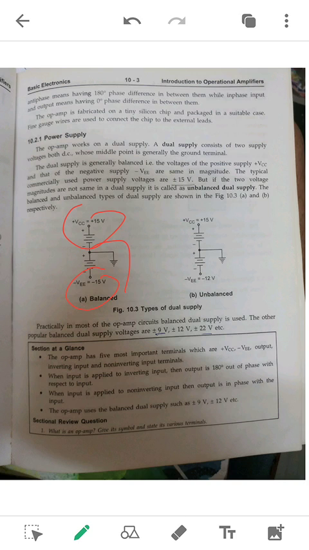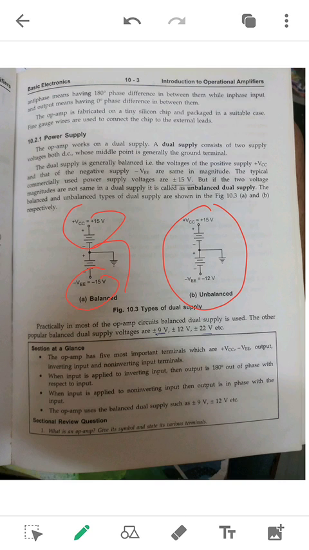You can see the second figure here, unbalanced, where plus VCC is plus 15 volts, whereas minus VEE is minus 12 volts. So both are different. The VCC and VEE voltages, plus 15 volts and minus 12 volts, are different.